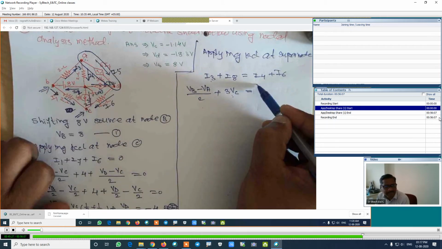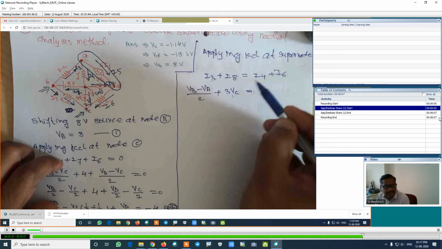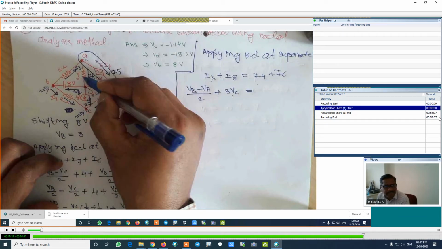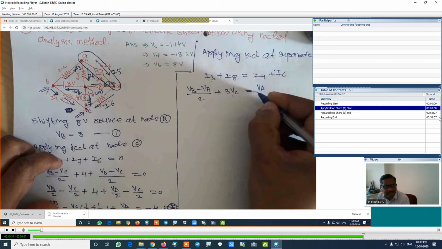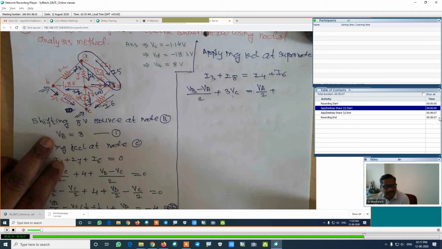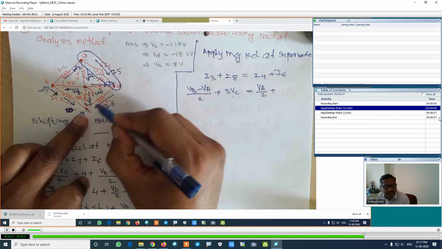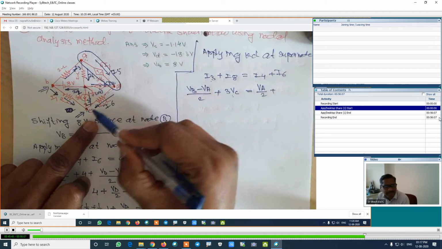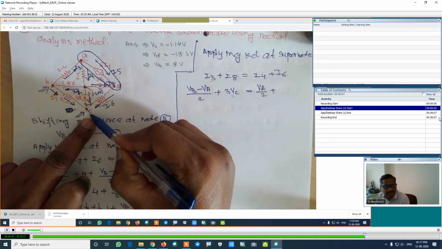I4. Where is the I4? I4 is the current in this branch. VA minus 0 divided by 2, that is VA divided by 2. Plus I6. I6 is the current in this branch. How is the potential here? D. How is the potential here? C. It's VD minus VC divided by 2.